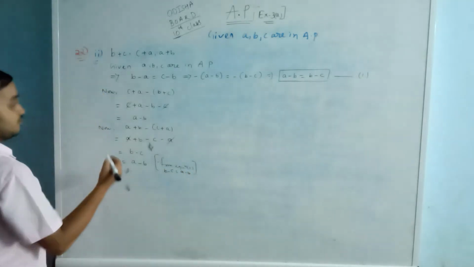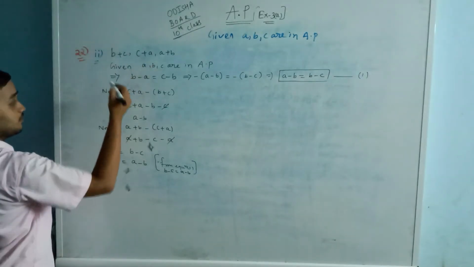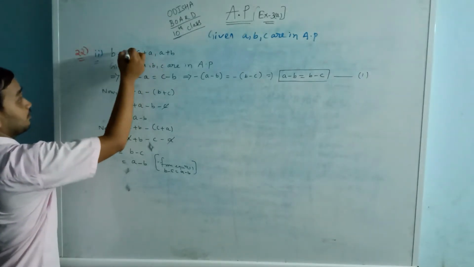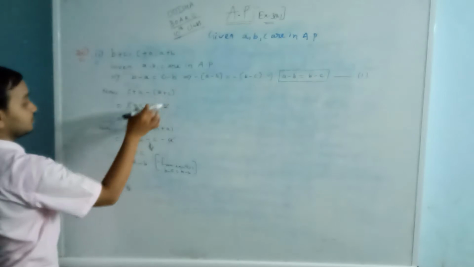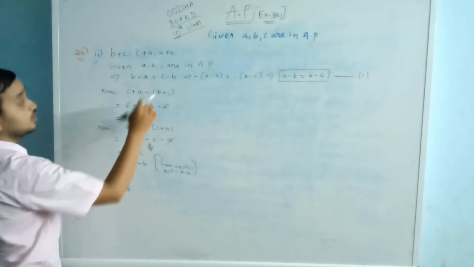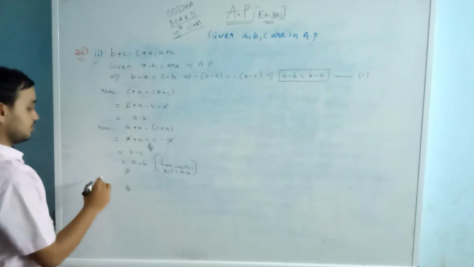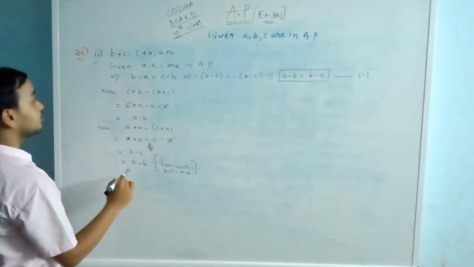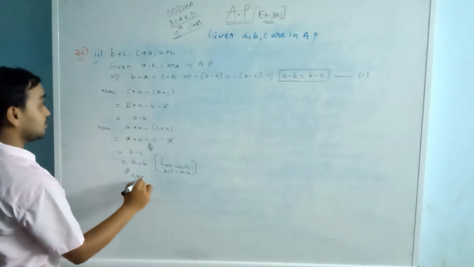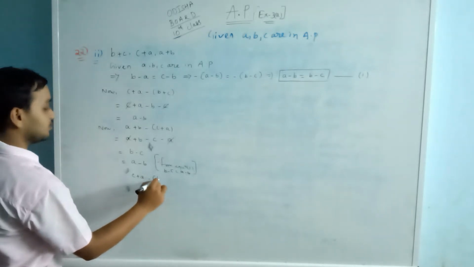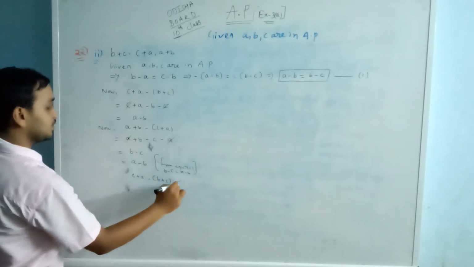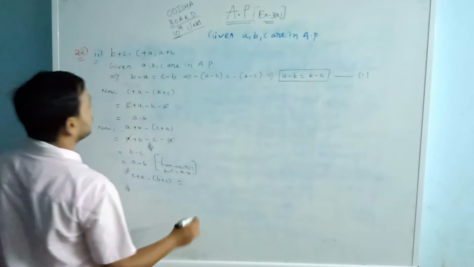Okay. Now listen. C plus A minus B plus C is A minus B. A plus B minus C plus A is A minus B. Therefore, C plus A minus B plus C is equal to what?